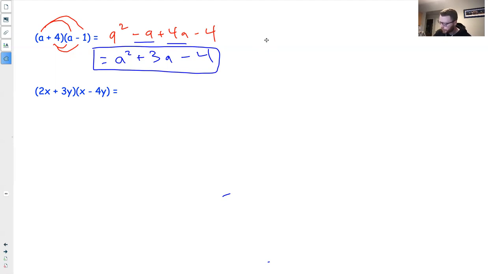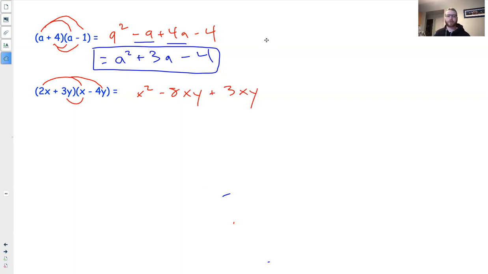Okay, and we'll do the same thing here with the second bracket. Note that we do have x and y variables, and that is okay. When we are multiplying, we can just go straight across. So we'll use our FOIL method there. So we get 2x multiplied by x is 2x squared. 2x multiplied by -4y gives me -8xy. 3y times x gives me positive 3xy.